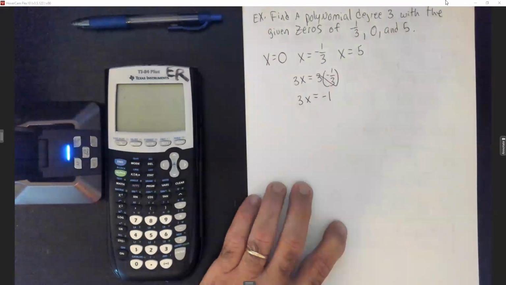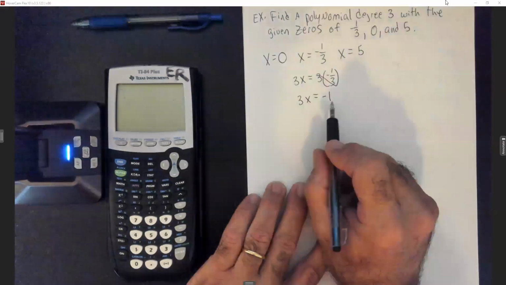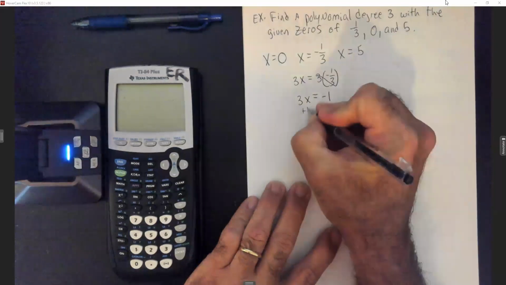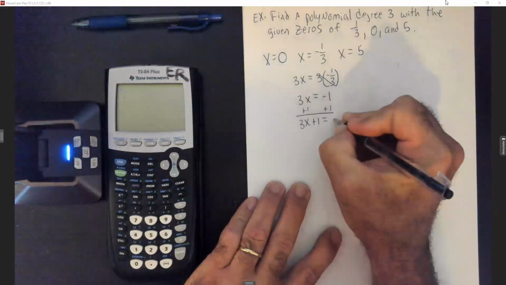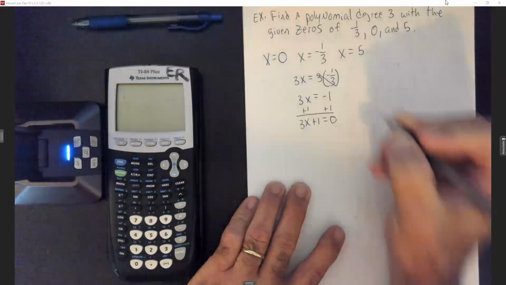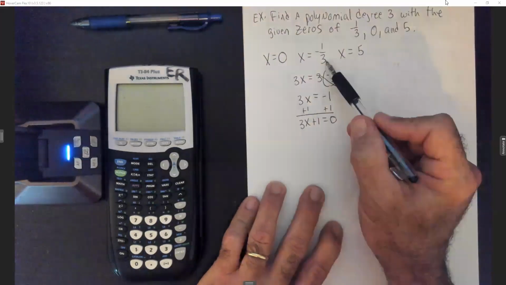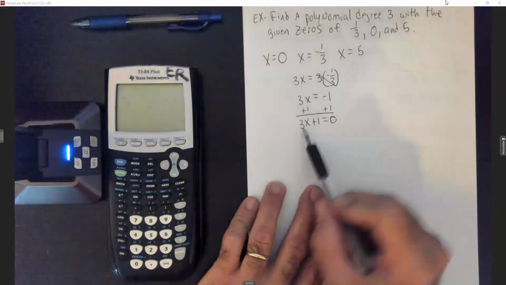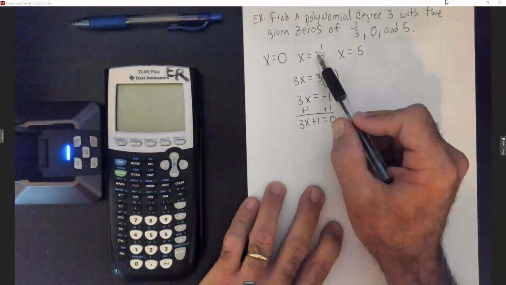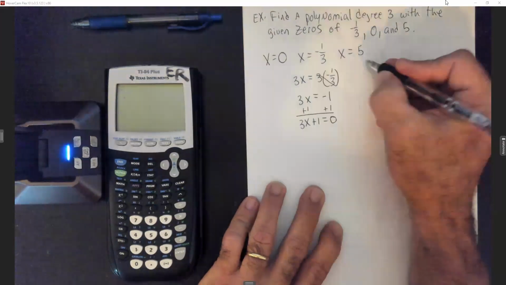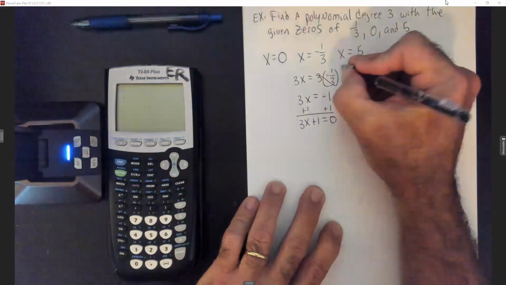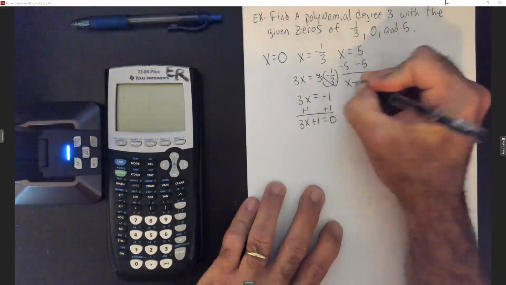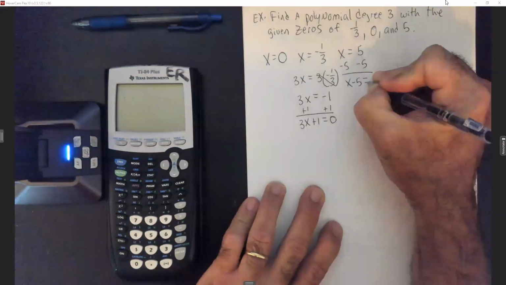Now, the last thing I got to do to get a 0 there is add 1 to both sides. So 3x plus 1 equals 0. So, y'all, anytime you got a fraction, put that number in front of the x and then add or subtract your number to the other side. This one has a positive 5. We're going to subtract 5 from both sides. So I get x minus 5 equals 0.